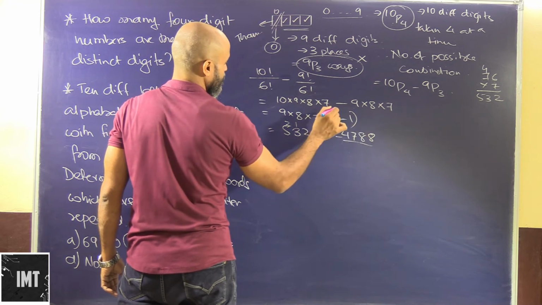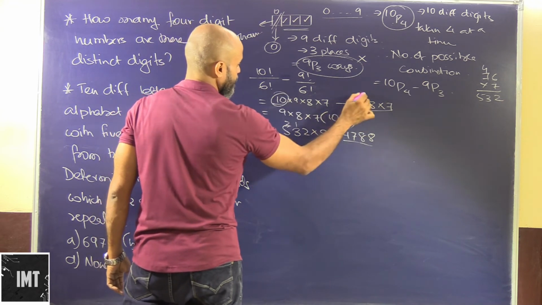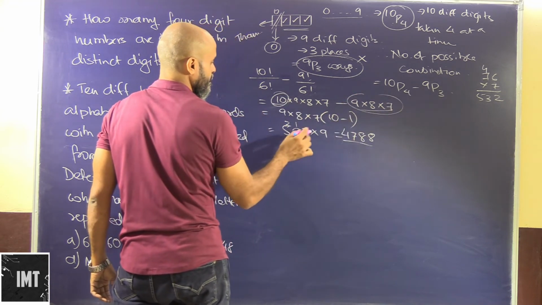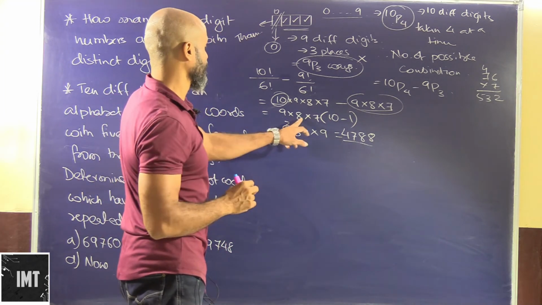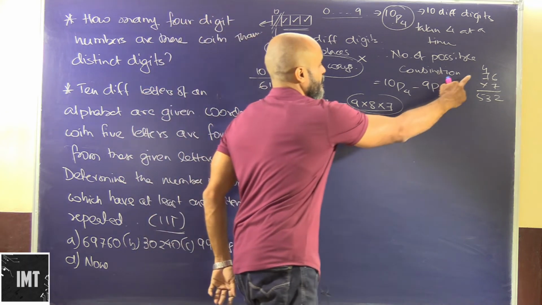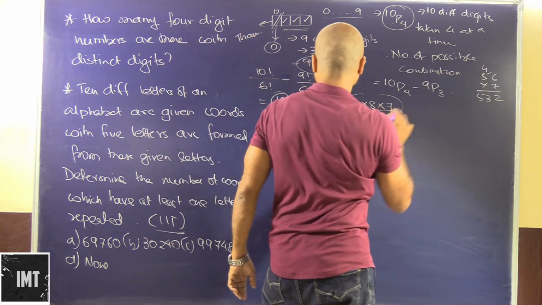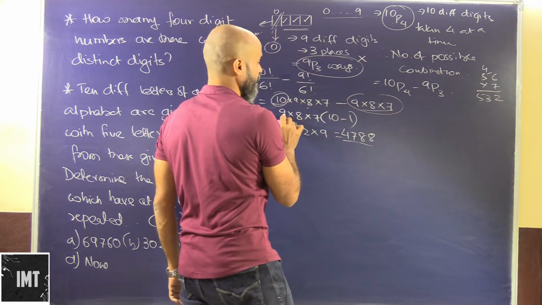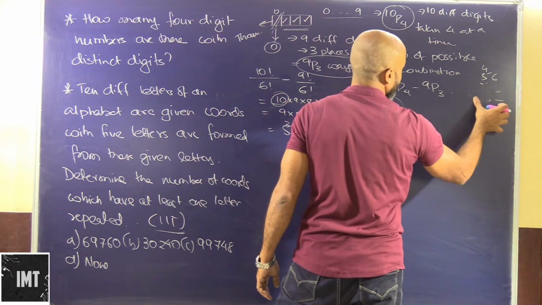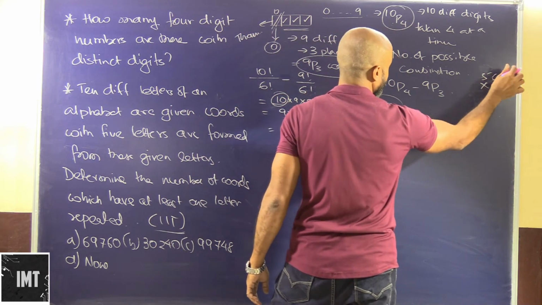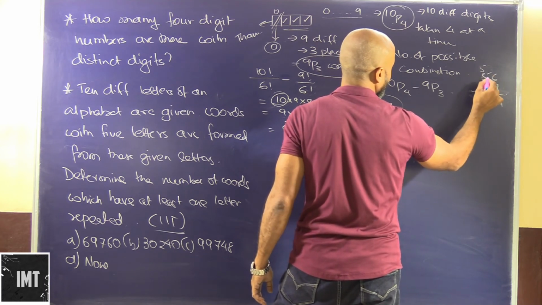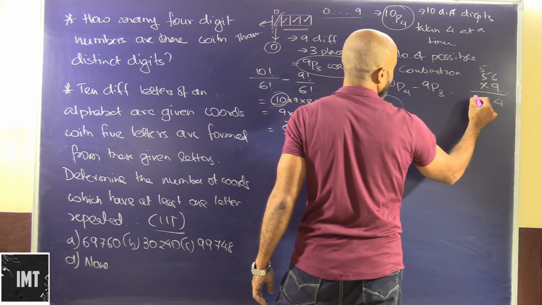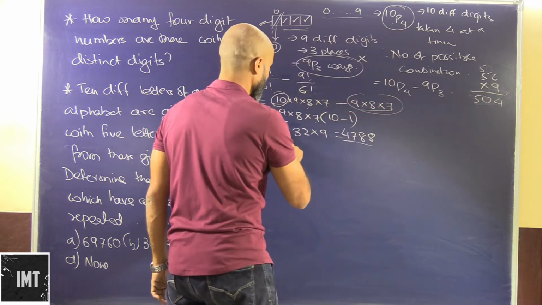This is 10 and this is 1, so 10 minus 1, that is 9, and 9 into 8 into 7. 8 7s are 56, and 56 into 9. I am so sorry. 9 6s are 54, 9 5s are 45, 45 plus 5, 50. Okay, 504.